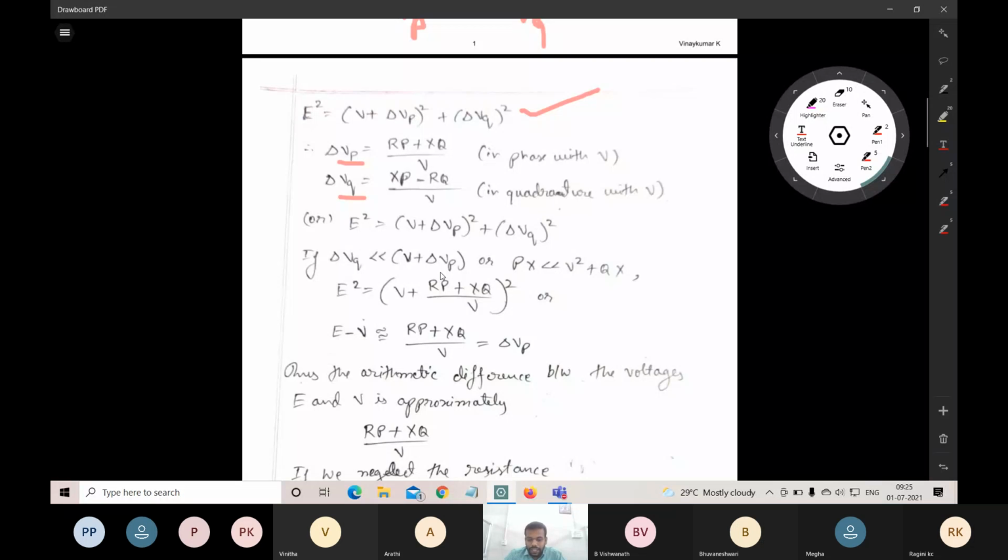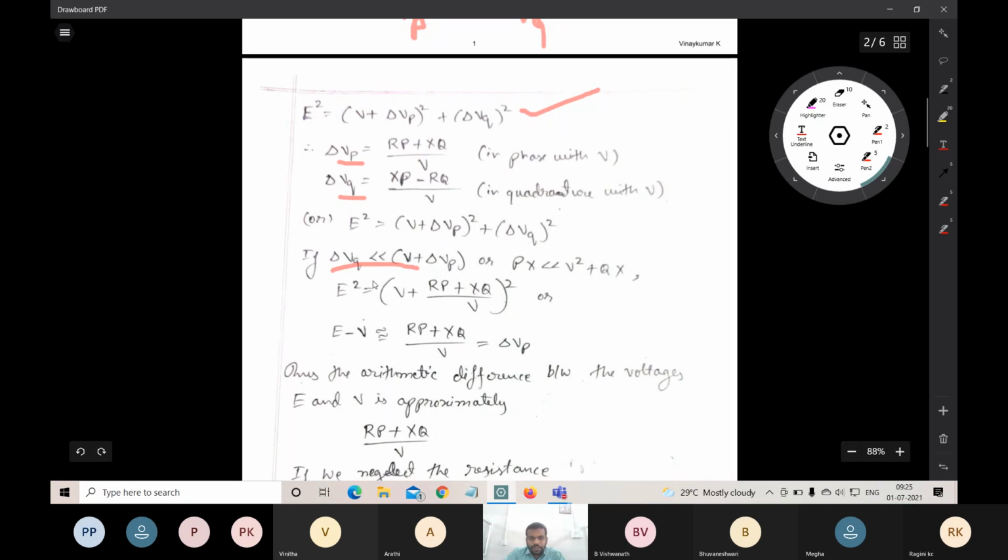If delta VQ is very much less than V plus delta Vp, or else if this PX is very much less than V square plus QX, what happens to our equations, what happens to our system at this condition?